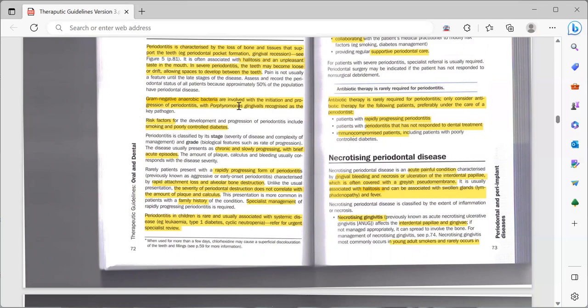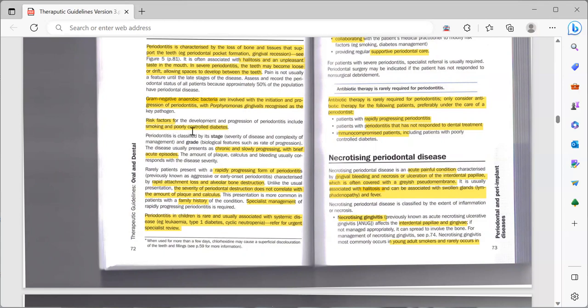So the cause is this bacteria, but there are certain risk factors. If these risk factors are present in any patient, they would increase the development and the progression of periodontitis in those patients. Okay, so which are the main risk factors? Smoking and poorly controlled diabetes.